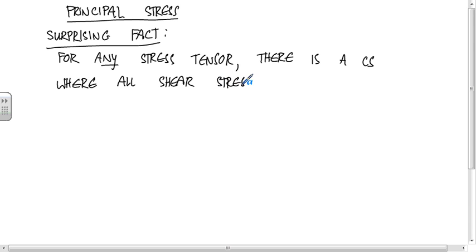All shear stresses are 0. In other words, the only kind of stress there is in this one coordinate system is normal stress.